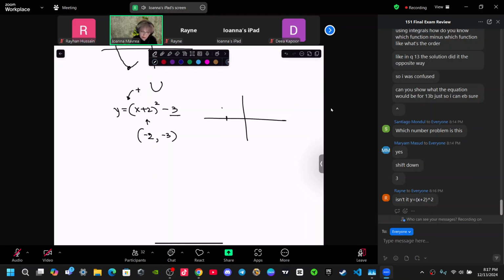So if this is -2 and this is -3, this is the vertex and it goes like that. And you should be worried where to cut the y-axis. I'm not going to cut it unless I know exactly where to cut it. The place where I cut the y-axis, whether it's at the origin, above the origin, below the origin, I'm not sure. I know one thing about that point. I know the x-coordinate where I'm going to cut the y-axis. The x-coordinate is what?